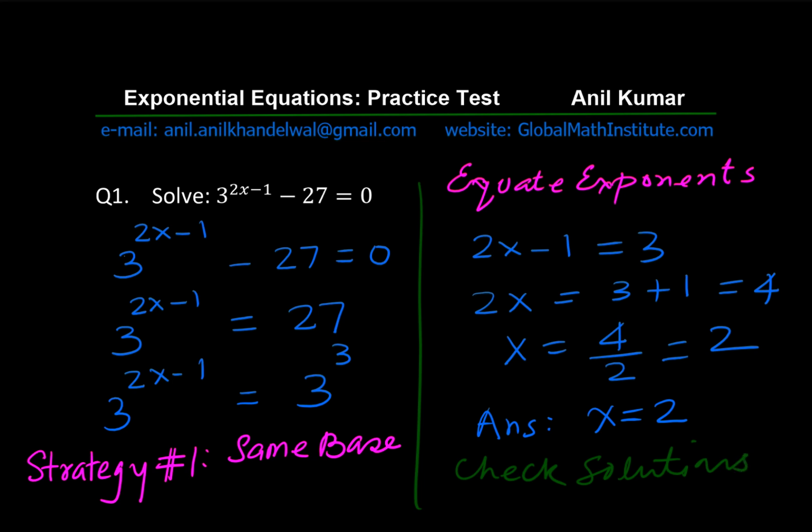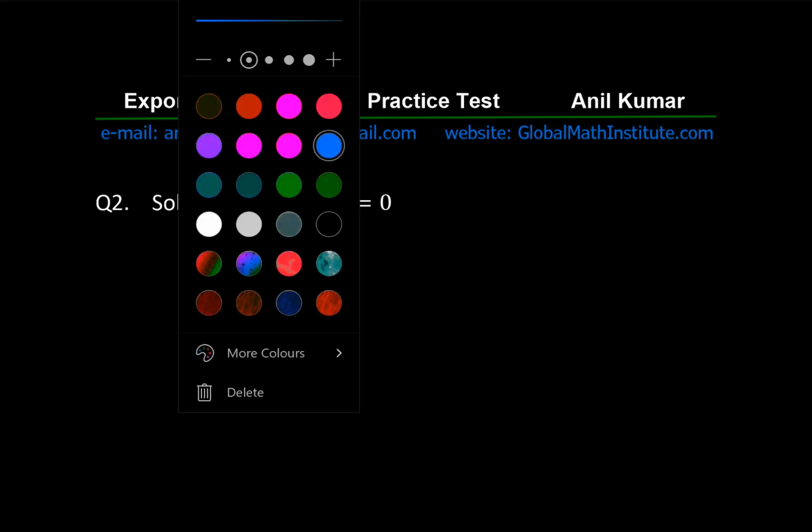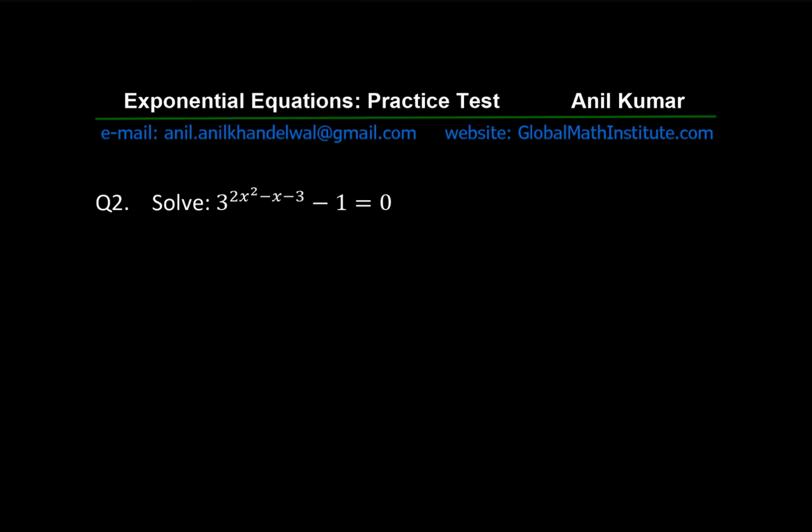So let it be a part of your doing. Let's take up the next question, which is 3 to the power of 2x squared minus x minus 3 minus 1 equals to 0. Now we'll apply similar strategy as we did last time. So we'll rewrite this as 3 to the power of 2x squared minus x minus 3 minus 1 equals to 0. Taking 1 to the right side, we get 3 to the power of 2x squared minus x minus 3 equals to 1.